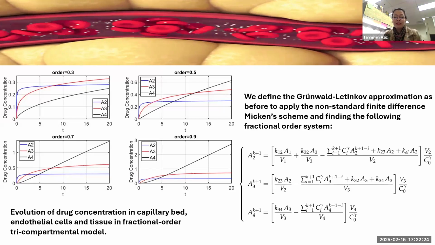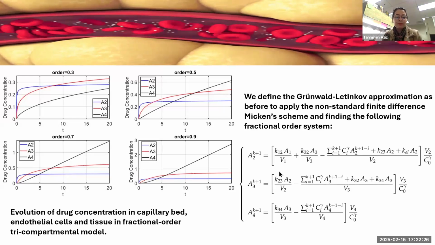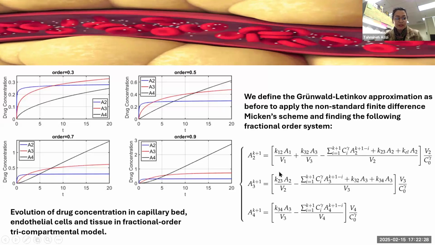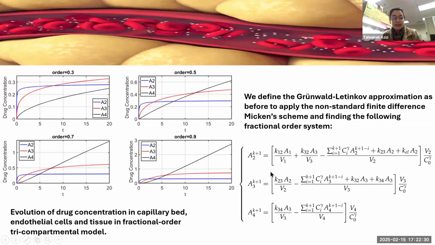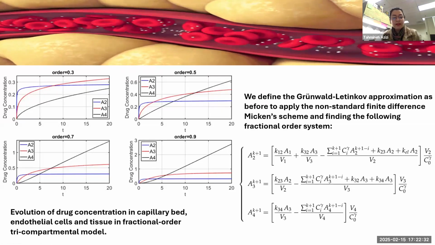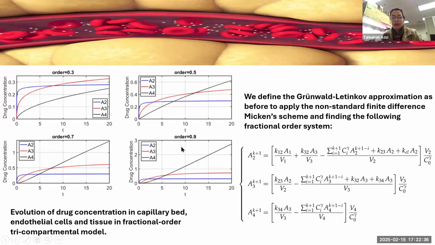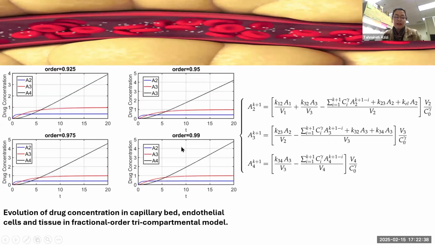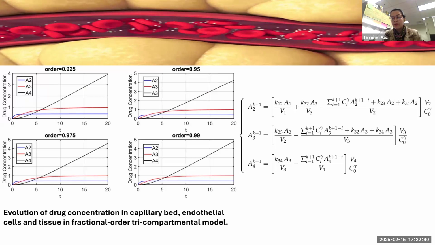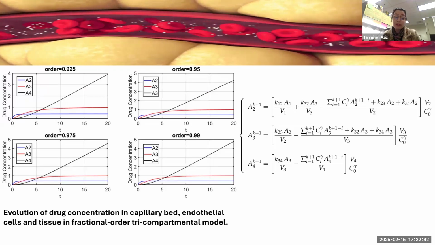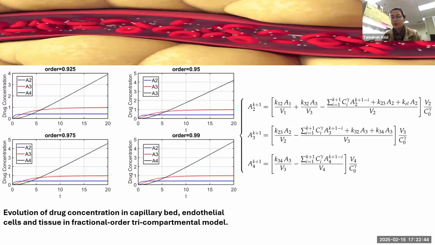So it can be a good project for undergraduate students to see the behavior of the drug, how we can control it simply by using different orders of derivative, and finding the mass of drug in different tissues.